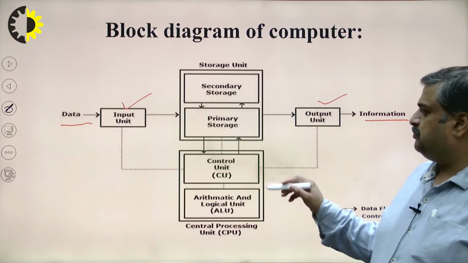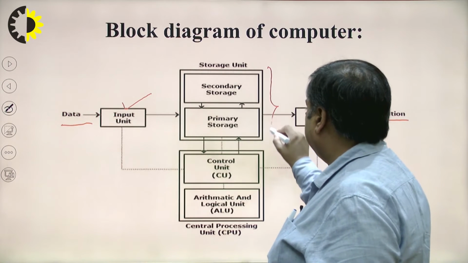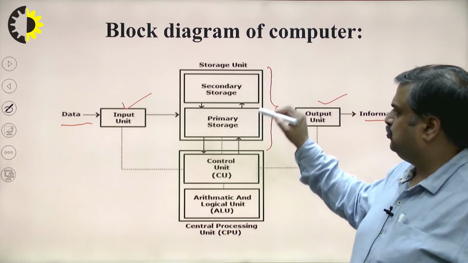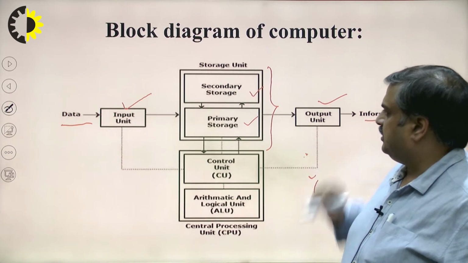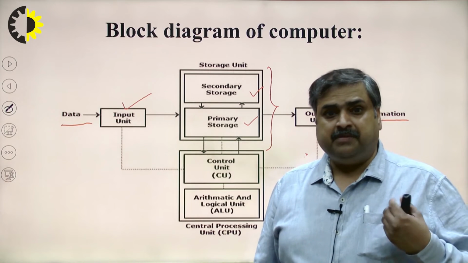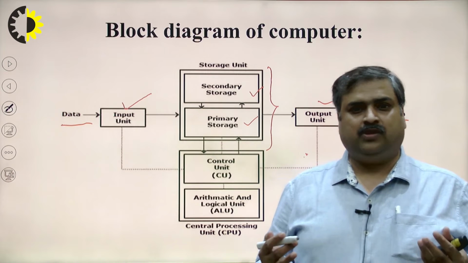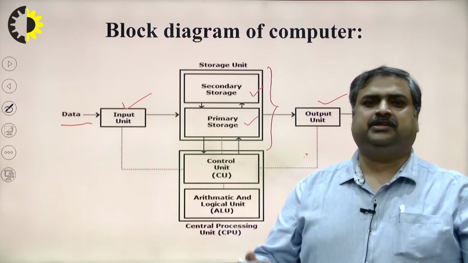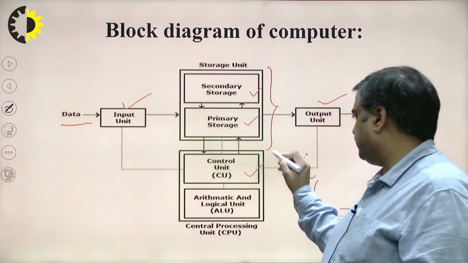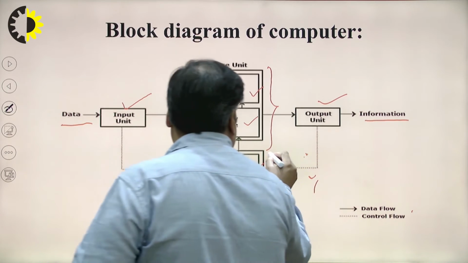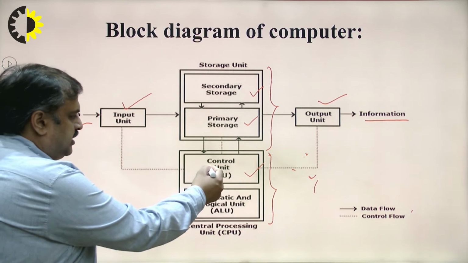So this digital computer basically has two parts. One is the storage unit. This storage unit has two different things. One is primary storage and another is secondary storage. The primary storage is called primary because it can be directly accessed by the CPU or the processor. The processing part basically has two things.